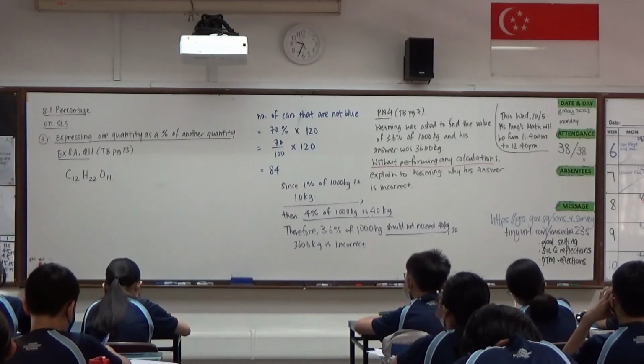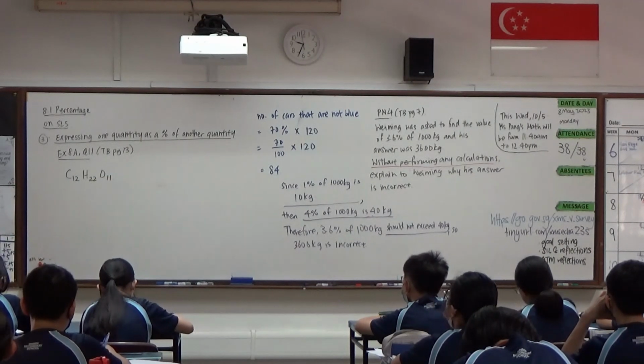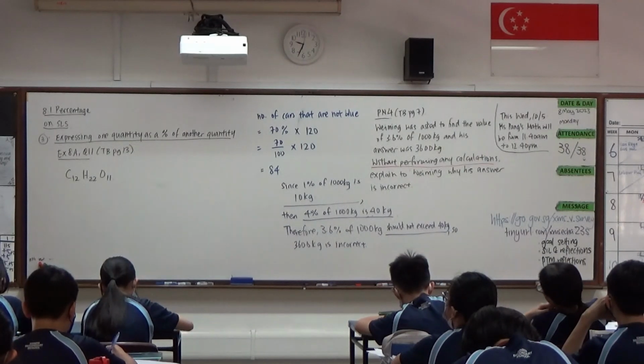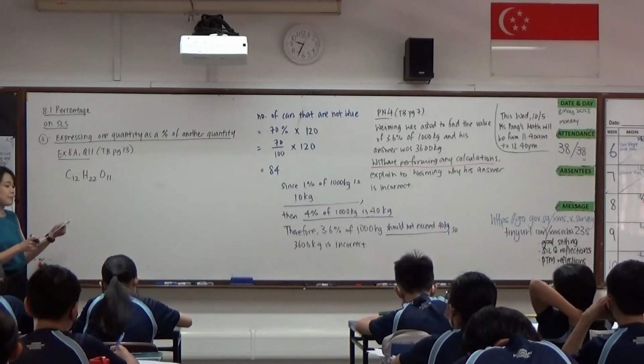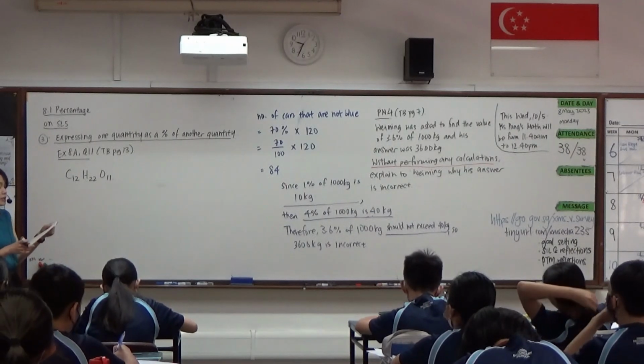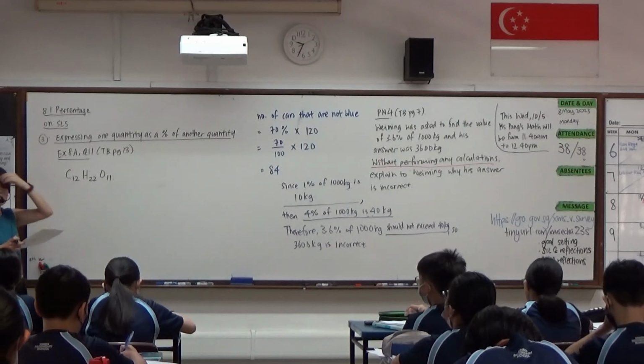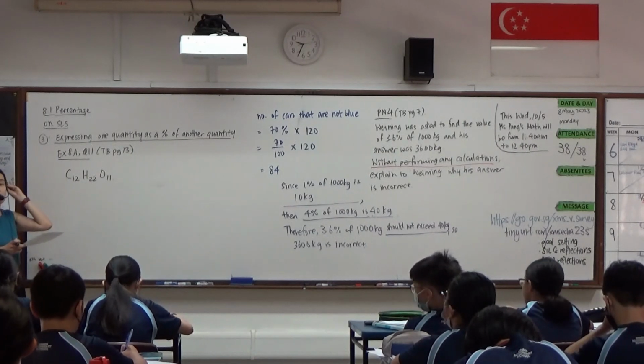In exercise 8A question 11, they made use of a little bit of chemistry, where they said that sucrose is a compound produced naturally in plants from which table sugar is refined. It has this certain formula. I'm not sure whether you have touched upon the chemistry aspect in your science already.